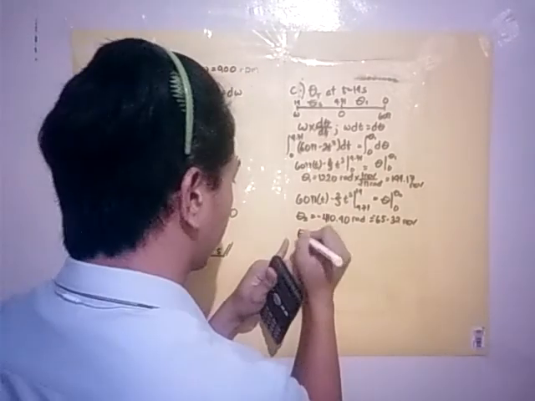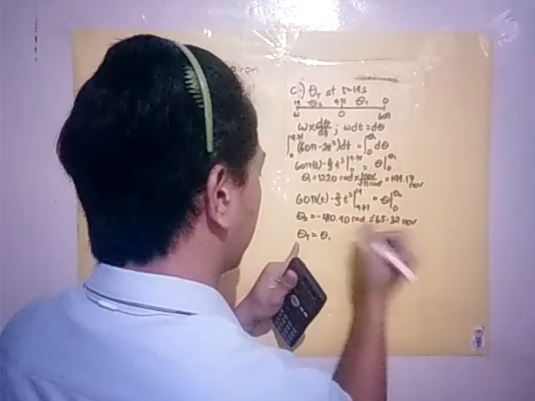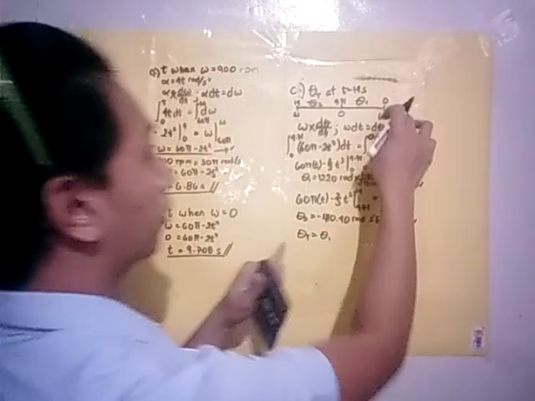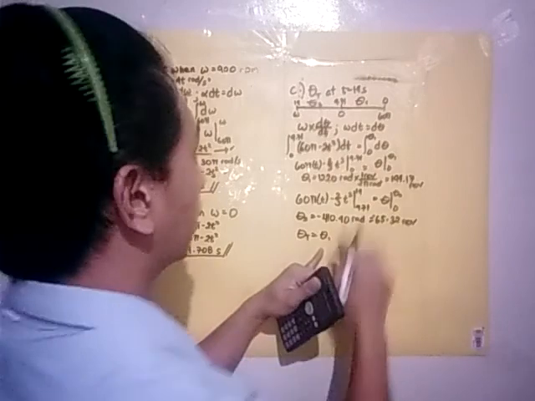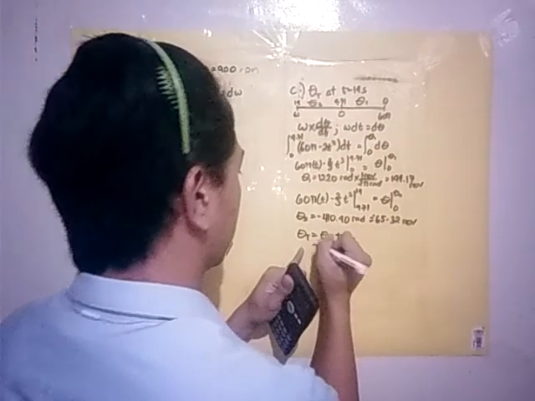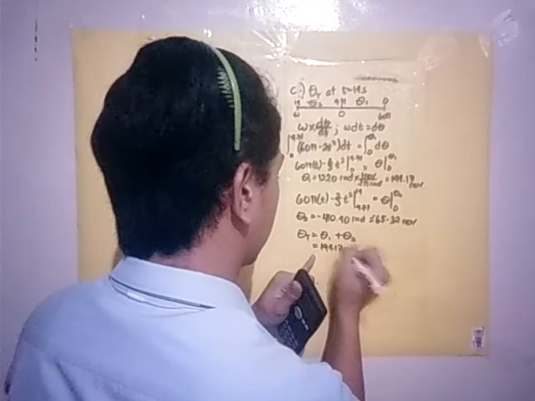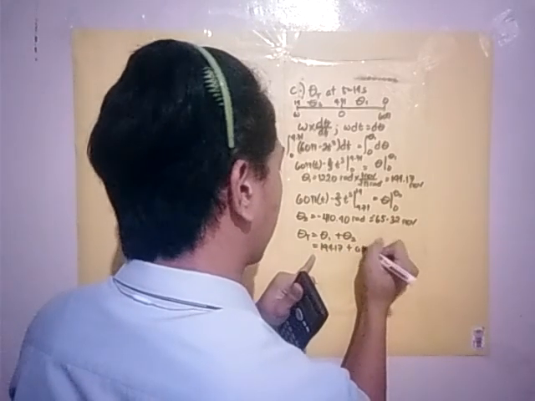So our total revolution in 14 seconds is theta 1 plus theta 2, which is 194.17 plus 65.32.